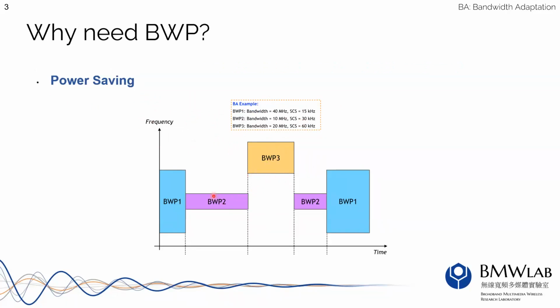But each UE may not require such wide bandwidth. It will cause the UE to sense the whole bandwidth, which increases the power consumption. And it will also increase the cost of baseband signal processing. So the purpose of bandwidth part is to do power saving.